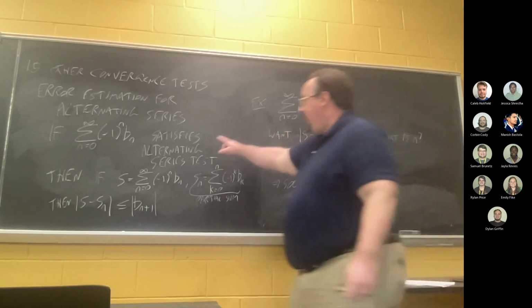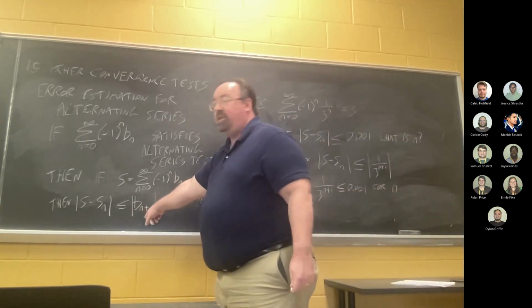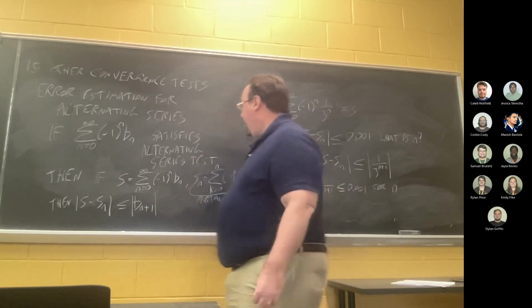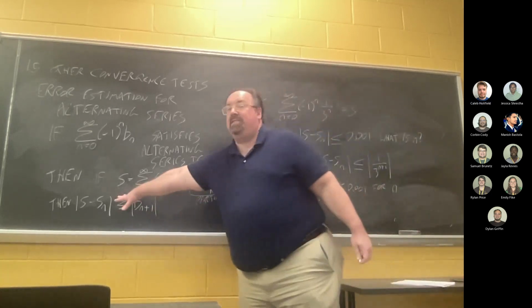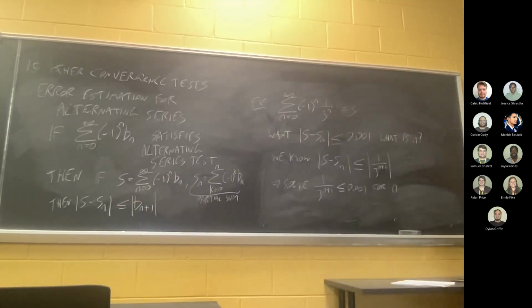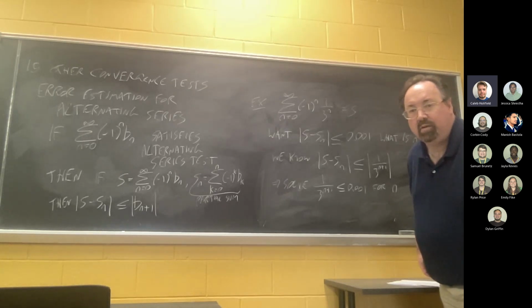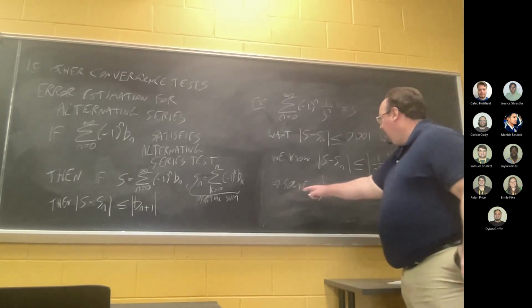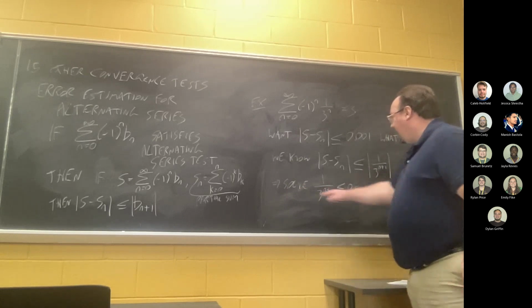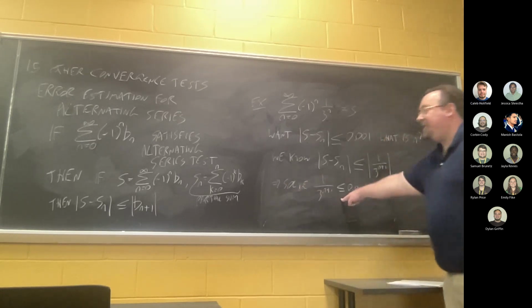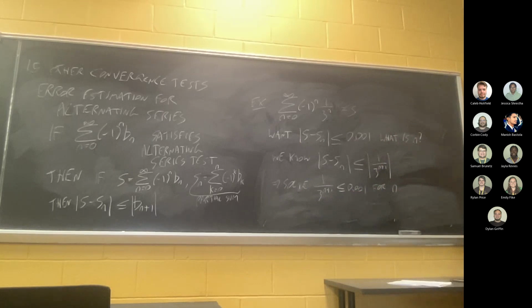So that's what this estimation theorem is saying over here. Oh, okay. Yeah, so all I'm doing is applying this. Okay. Then, what's the word that starts with an S after that? Oh. This. Yeah, solve this inequality for n. Okay.